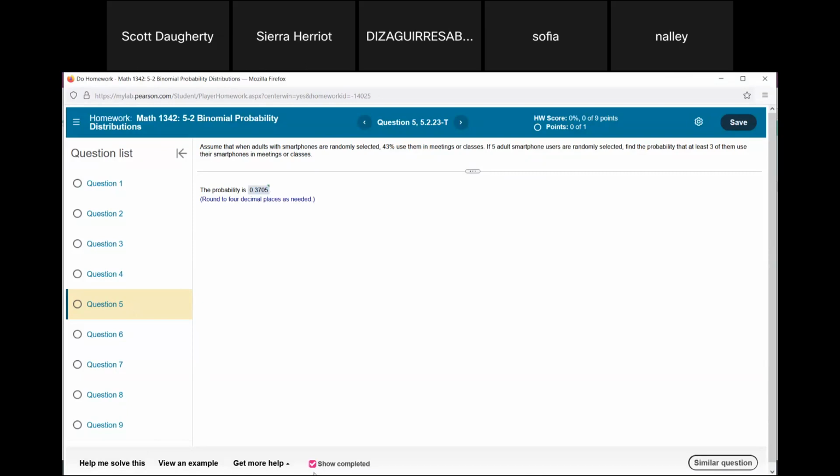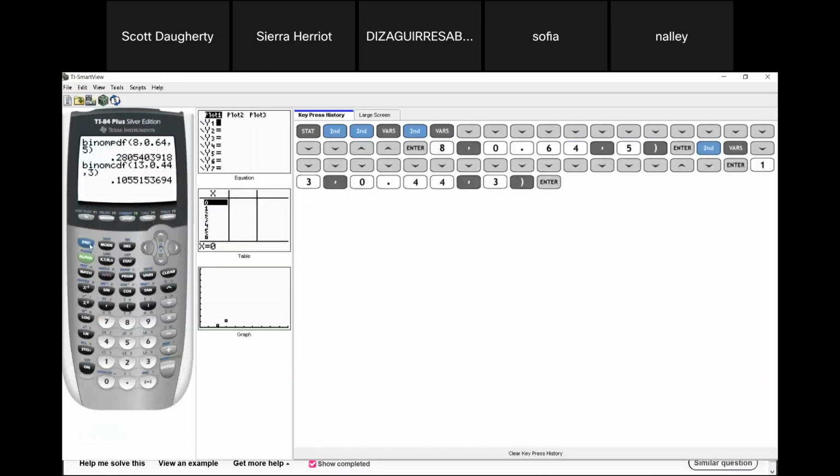So when I calculate this, if I go to Binom CDF, let me just show you. It's an accumulation, right? So I know I want to use CDF, not PDF. The number of trials here was 5.